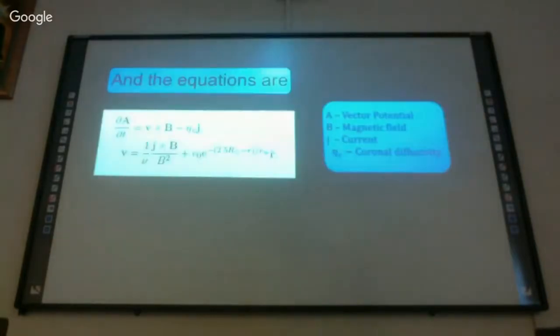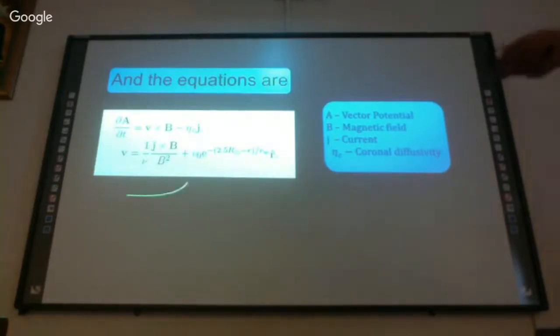So this is our assumption. This is the magnetic induction equation that I guess some of you are familiar with. We write the magnetic induction equation in terms of the vector potential, where A is the vector potential, V is the velocity, B is the magnetic field, and J is the current.